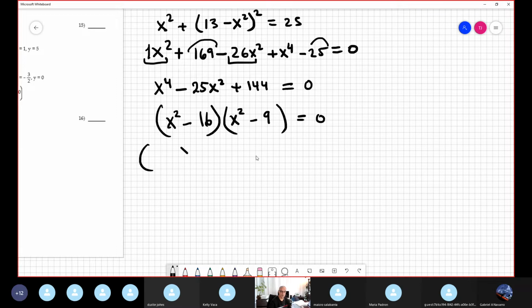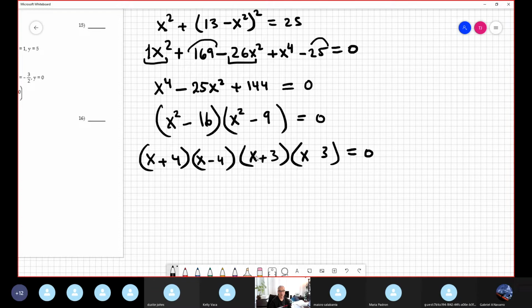So factorization, 1, 2, 3, 4 parentheses: x, x, x, and x. We have 4, 4, plus or minus, 3, 3, plus or minus. Well, so we have solutions positive 4, negative 4, positive 3, negative 3.